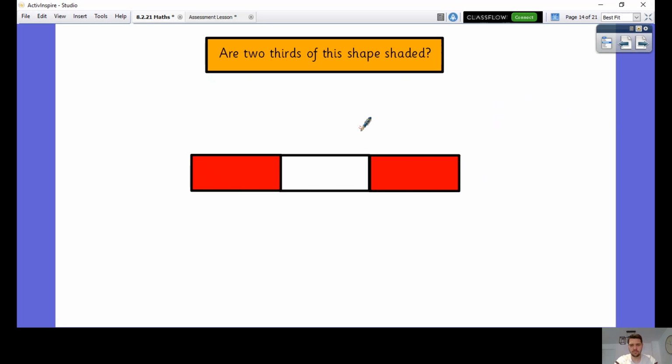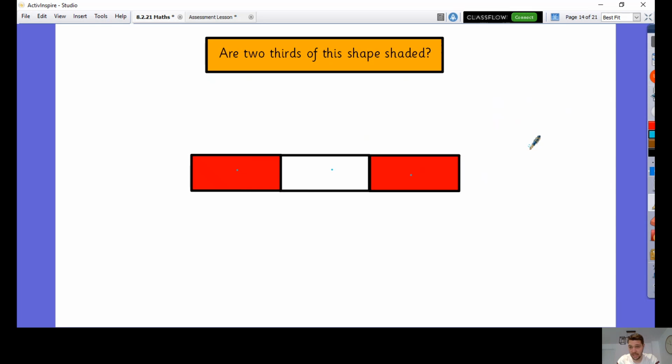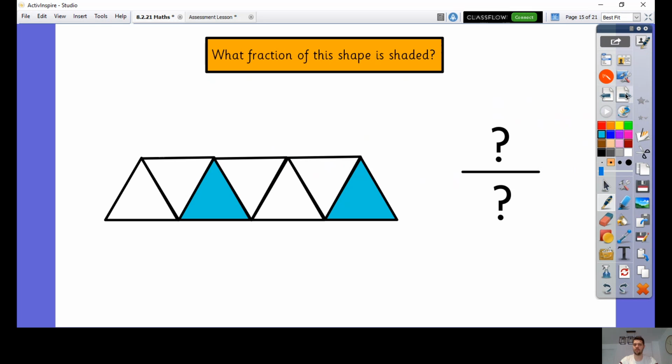How about this one? Okay, this one, I have 1, 2, 3 equal parts again. And it doesn't matter that I've got a blank gap here. I've still got 1, 2 of them shaded and 1 that isn't. So 2/3.